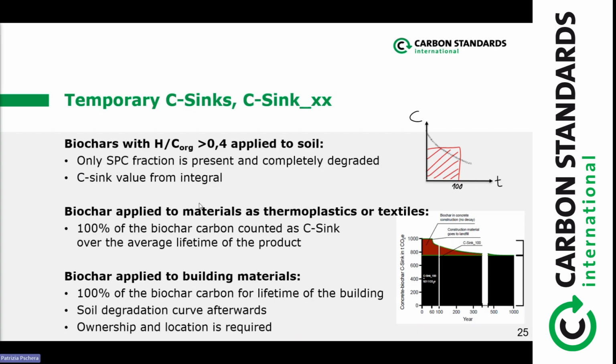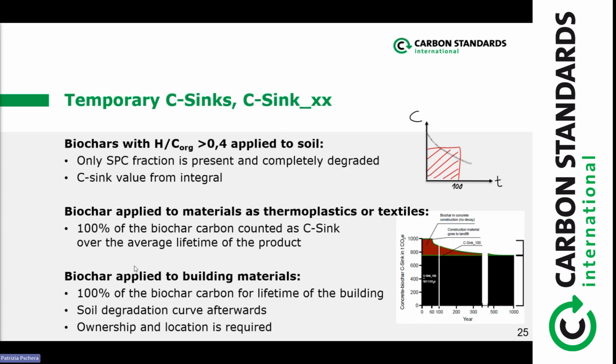And then there is the possibility to apply biochar to materials where we will be accounting for 100% of the biochar carbon, and we count it as a C Sink over the average lifetime of a product. So it might be that it's a C Sink 30, for example, where you get a C Sink 30 for 100% of the carbon included in the biochar.